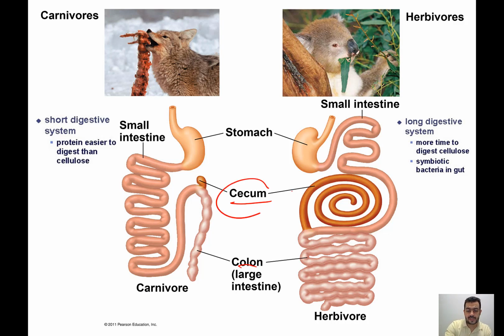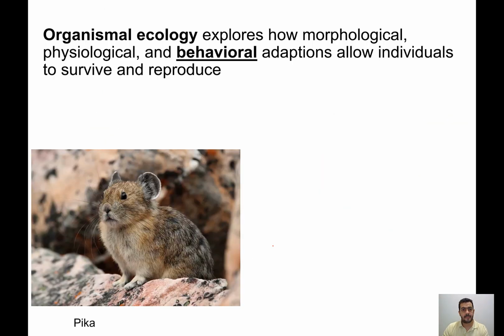And as we know, the cecum is the area that harbors the bacteria that ferment the cellulosic or plant material. So because of that, they have these two long areas in their digestive system compared to the carnivore. So it's again a type of physiological adaptation.